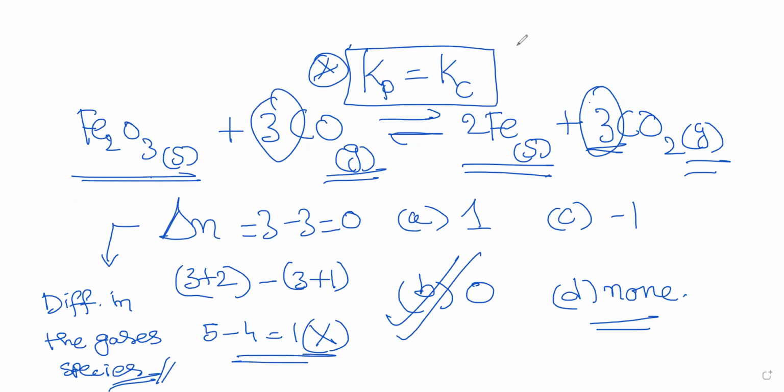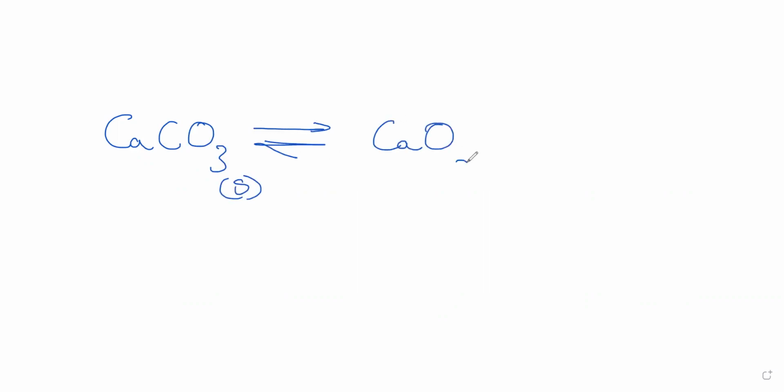Now another reaction, let us see. CaCO3 solid decomposes to CaO solid plus CO2 gas. Now what is delta n for this reaction? Guess and tell me.